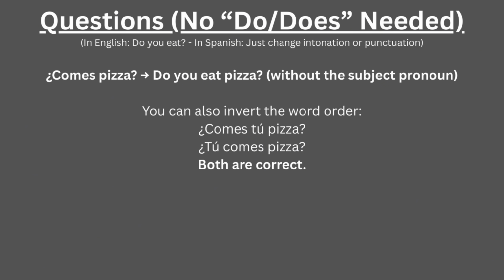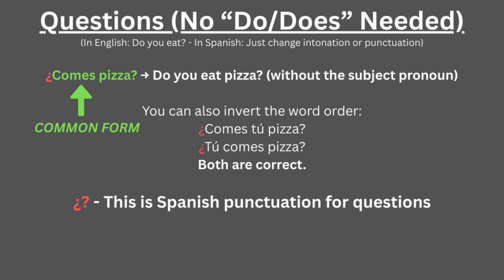Both are correct, but practically, it's common to ask questions without the subject pronoun. ¿Comes pizza? Do you eat pizza? Also, as a punctuation point, Spanish always requires upside-down question marks when writing a question.